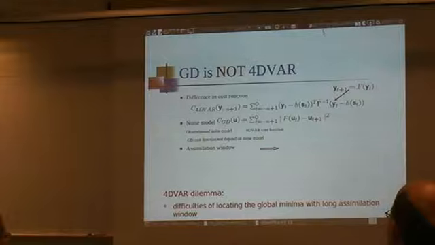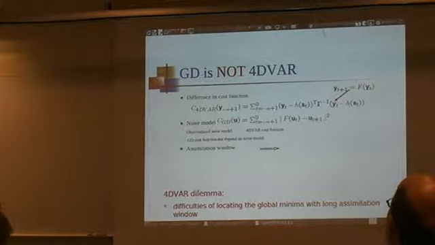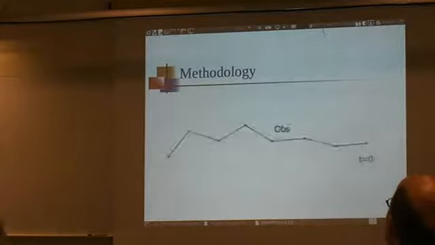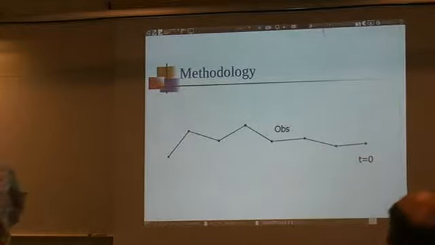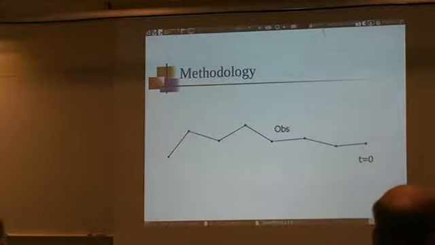We always want to use longer windows because we want to use more information in the observations and the dynamics. With 4D-Var you will find either it's difficult to locate the global minimum when you use longer windows, or you have to compensate by using shorter windows, in which case you will probably lose information in the observations and the dynamics.